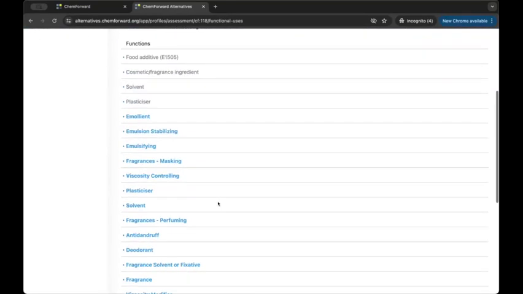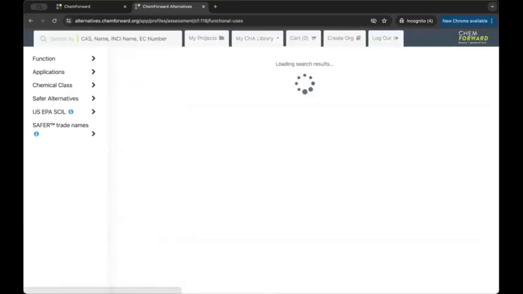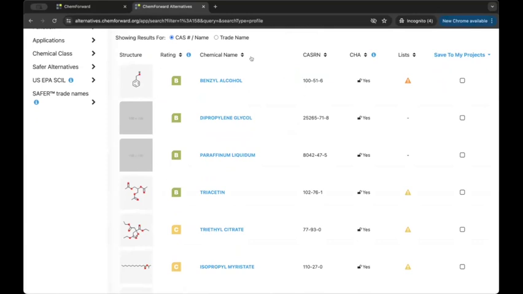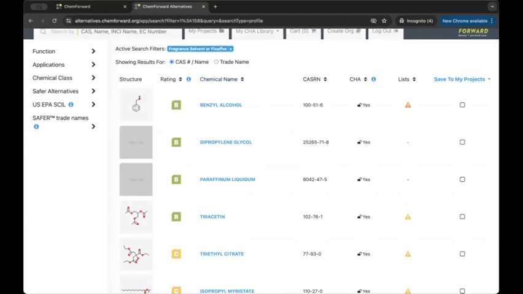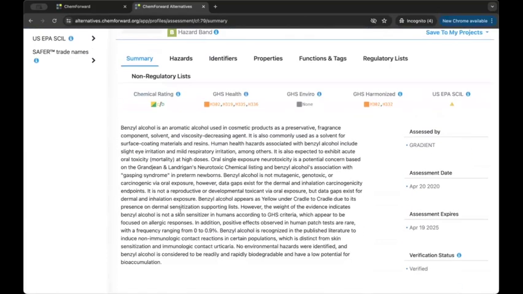I believe I had selected for fragrance, solvent, or fixative. We could go back to functions here. And what we would be directed to is a list of 4 additional chemicals that fall under that active search filter that have a B hazard band, meaning that there are no data gaps for any of those criteria endpoints.